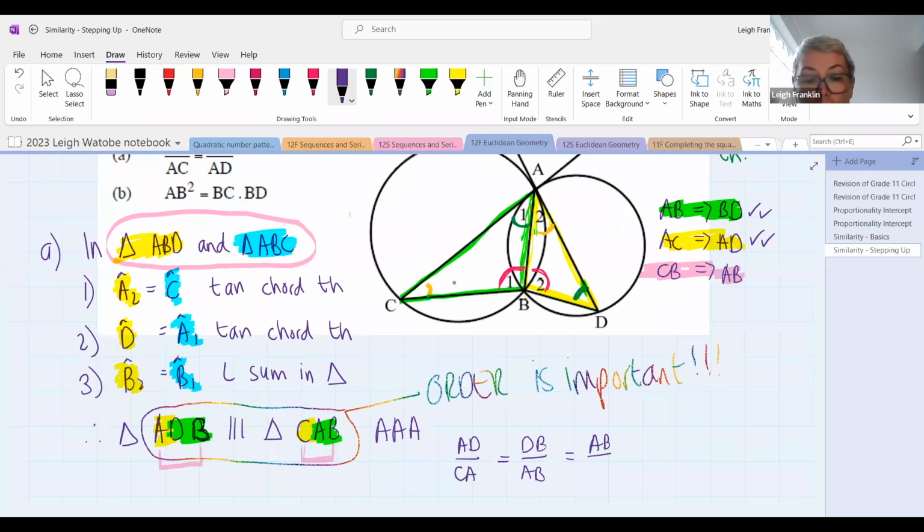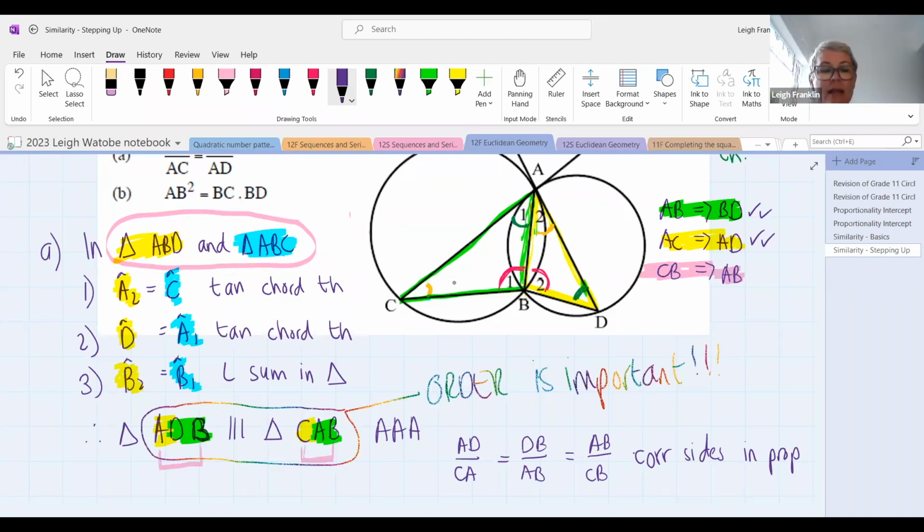AB over CB. What's my reason here? Reason will be corresponding sides in proportion. That's it. You are brilliant. Thank you. Very nice, Teddy.